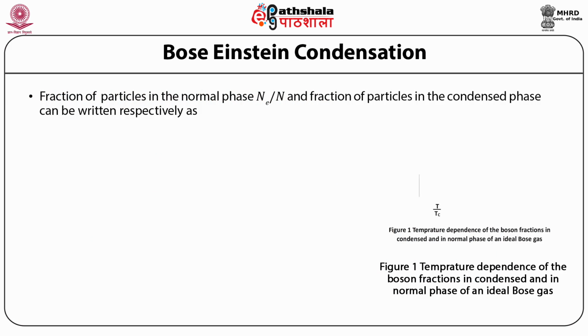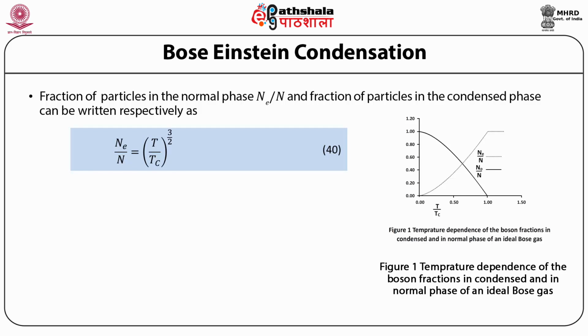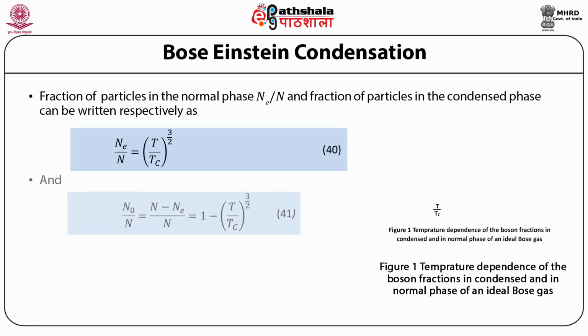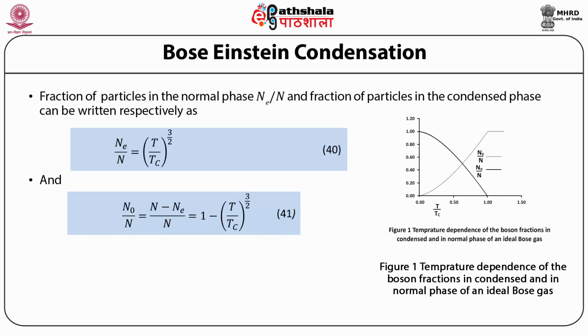The fraction of particles in the normal phase, Ne upon N, and the fraction of particles in the condensed phase can be written respectively as Ne upon N is equal to (T upon Tc) raised to power 3/2, and N0 upon N is equal to (N minus Ne) upon N is equal to 1 minus (T upon Tc) raised to power 3/2.